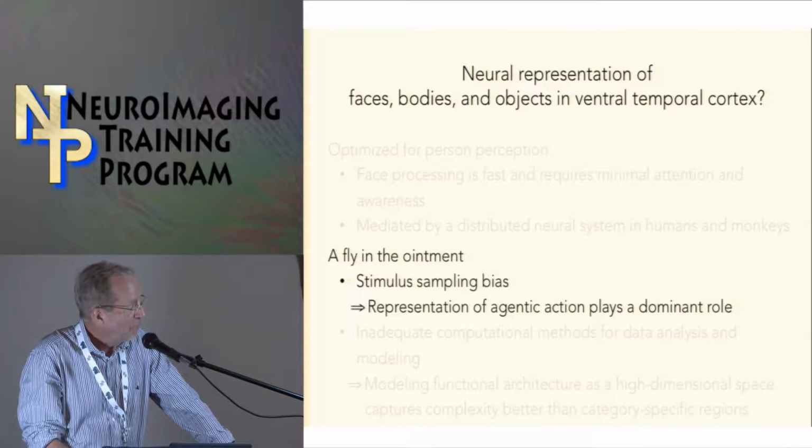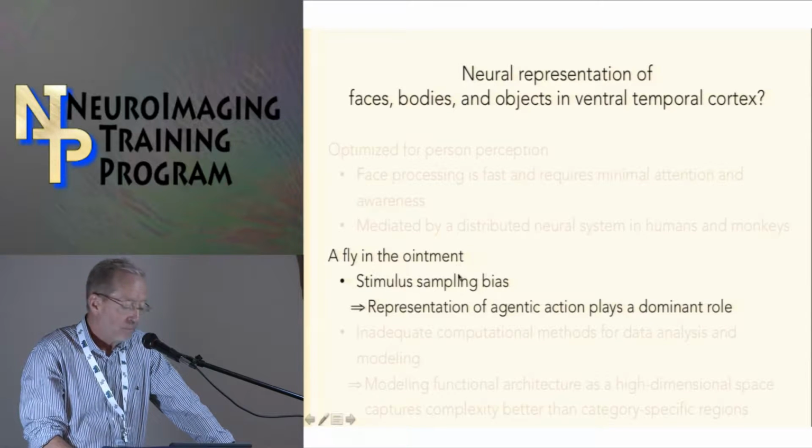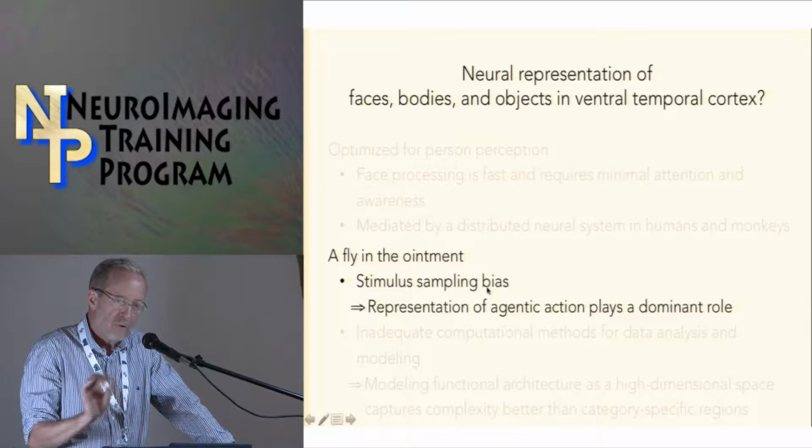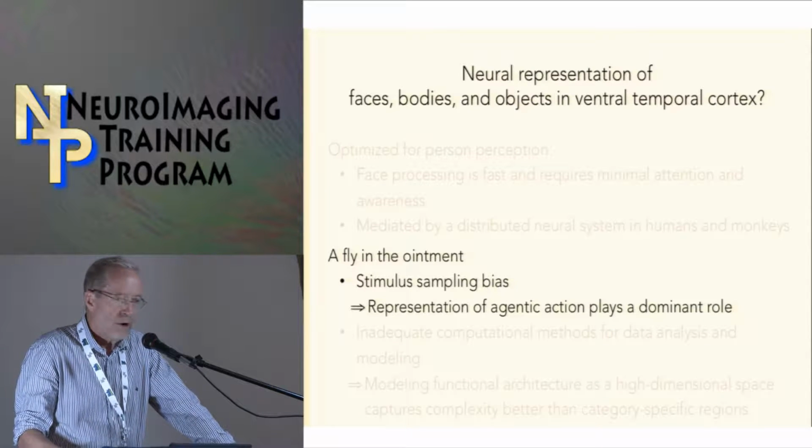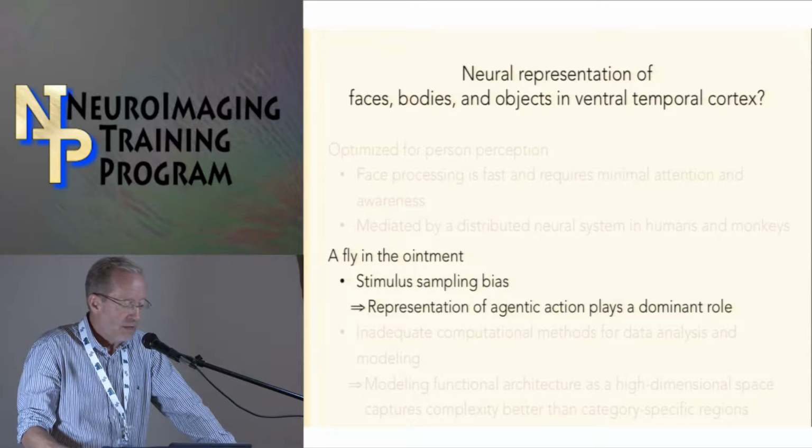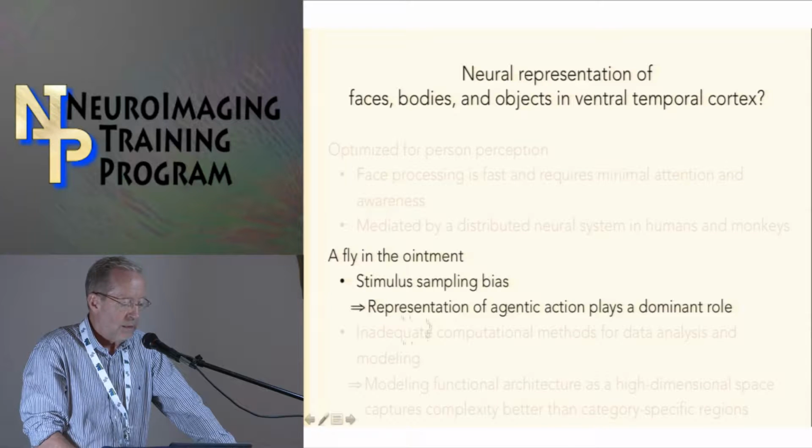So what's wrong with this story? Well, first of all, it's based on experiments that are designed to test focused hypotheses that are driven by the investigators' theories and notions, and necessarily you can't have subjects look at everything.